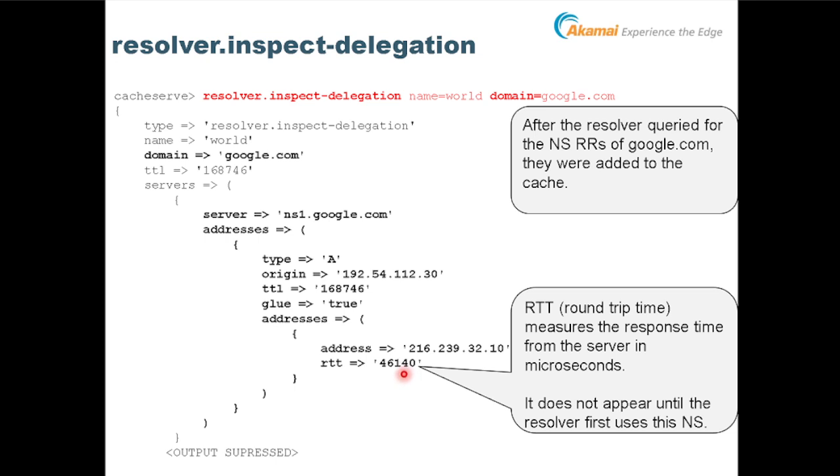So what CacheServe will do is start to accumulate measurements of how long it takes to talk to all of these servers. And the result of that will be that you will be able to prefer the fastest responding servers.